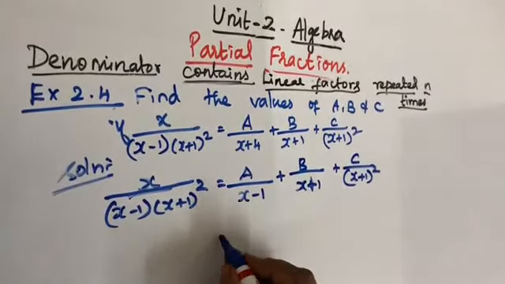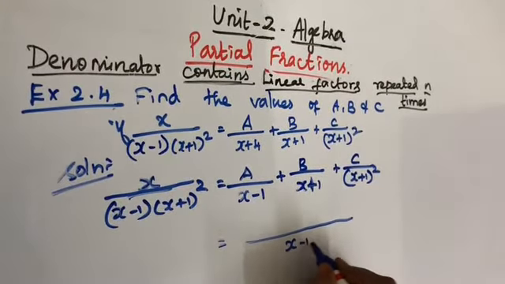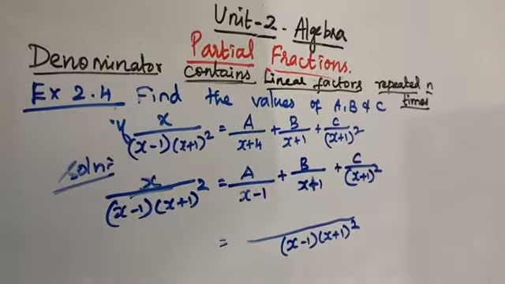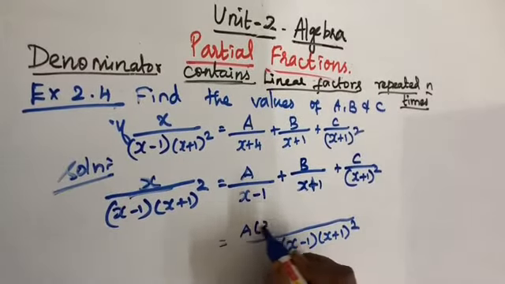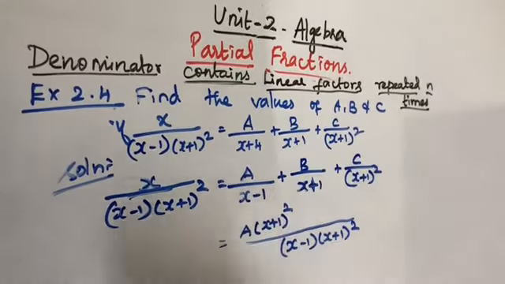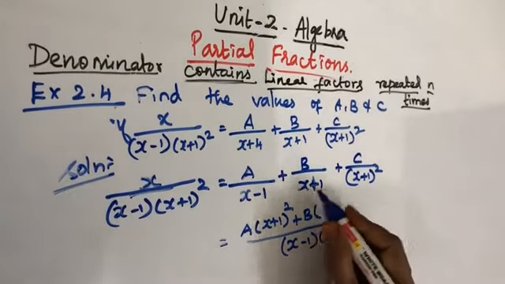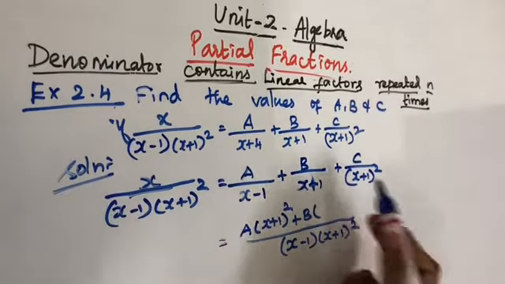Now let's take LCM. X minus 1 into x plus 1 the whole square. So here you have to multiply it with x plus 1 the whole square. b into x plus 1 is there, so you have to multiply by both x minus 1 and x plus 1.